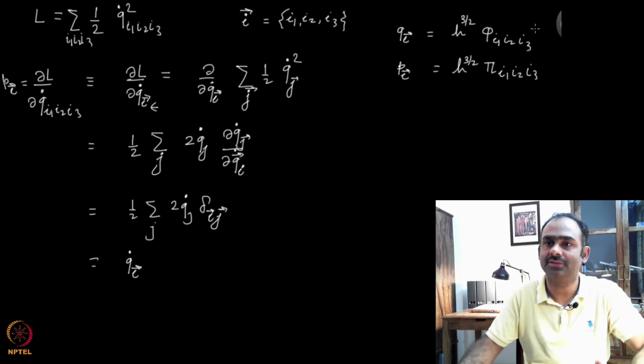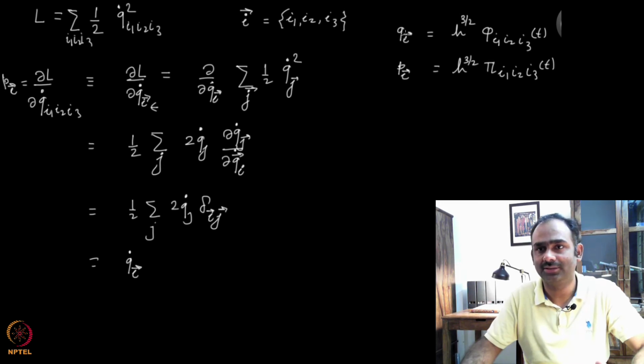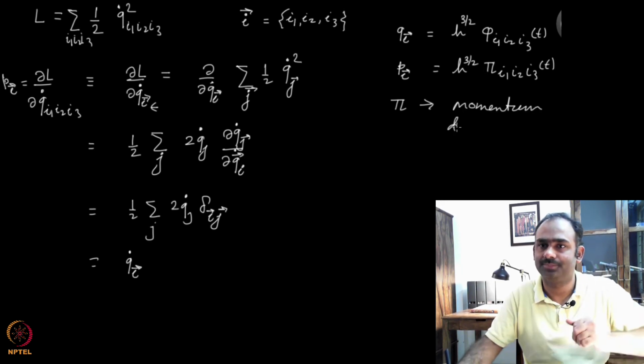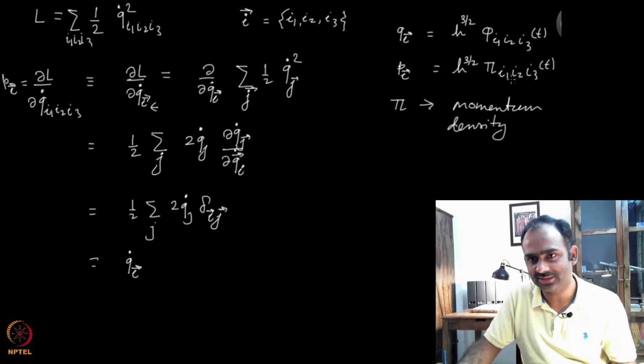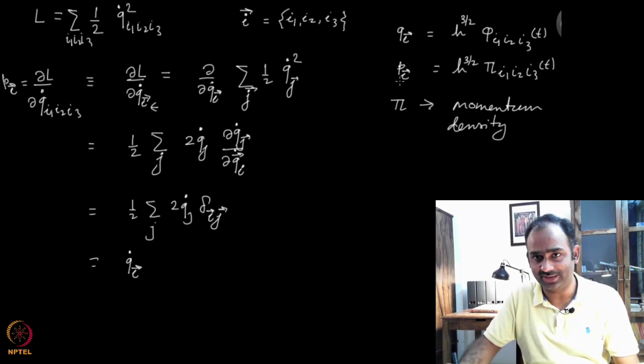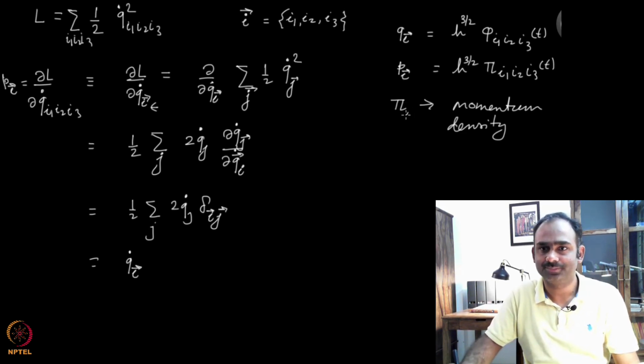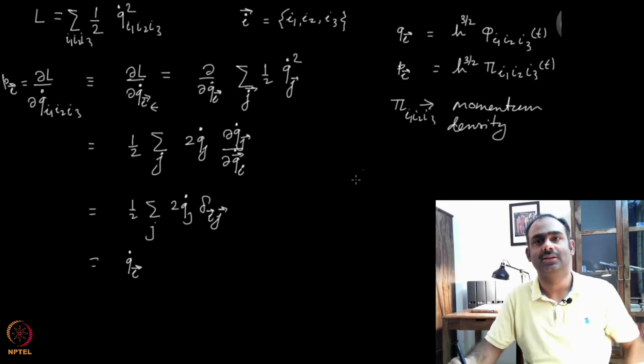It's a function of t. Just like your coordinate q is phi times some constant, your conjugate momentum is also, other than this factor, just the pi. Pi is usually called momentum density. It is called momentum density because you see this is your momentum and you are dividing by the volume of the cube. So, it is really the momentum density.